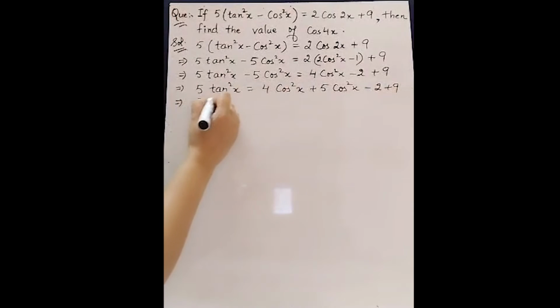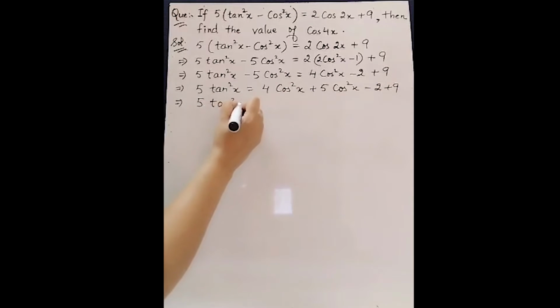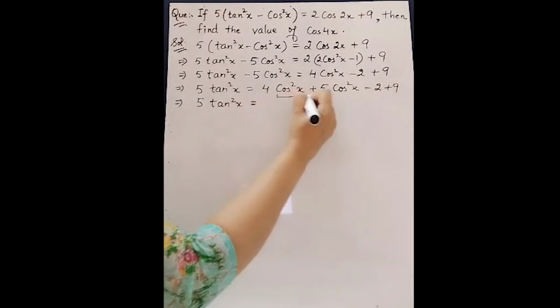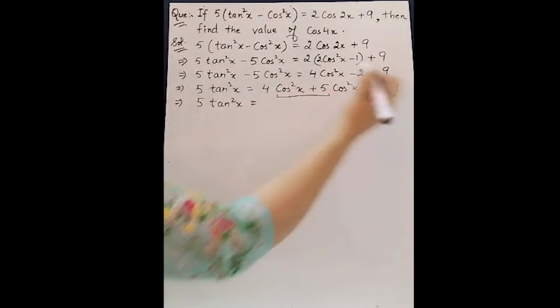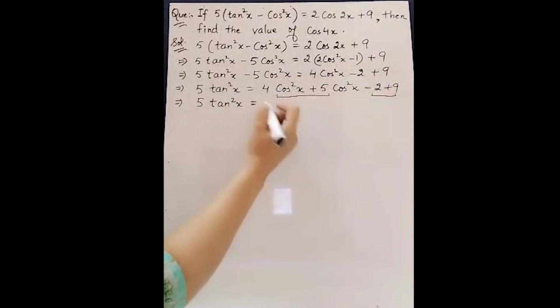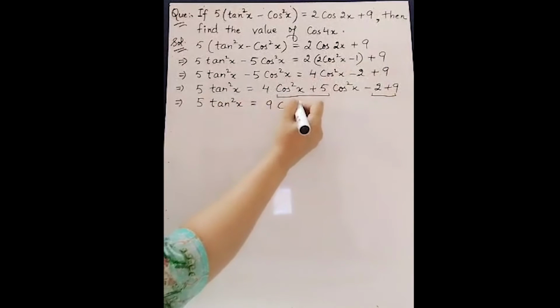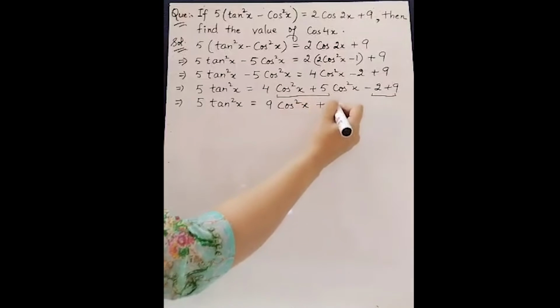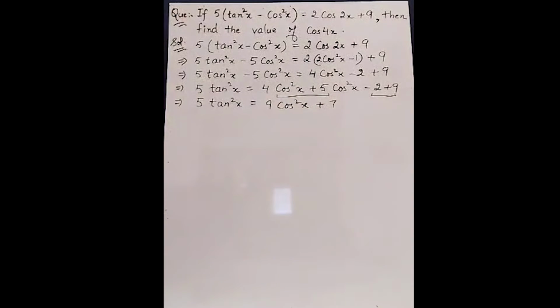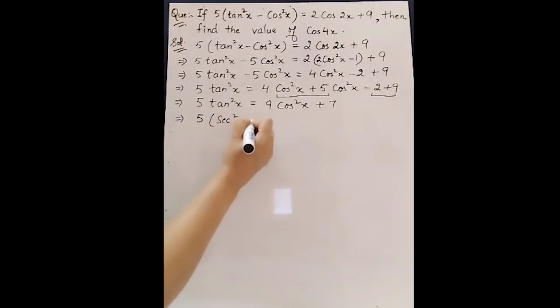In the next step, I will write the left hand side as it is and solve the right hand side: 4 cos square x plus 5 cos square x will become 9 cos square x plus 7. Now it is cos, so now we have to change tan. Write tan square x as secant square x minus 1.